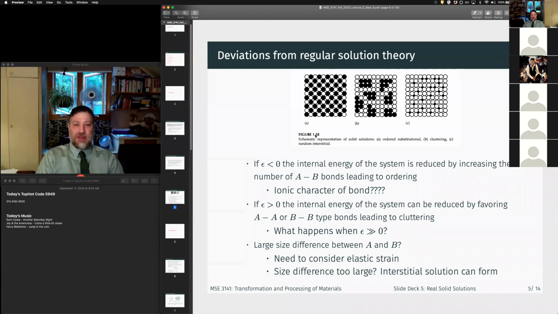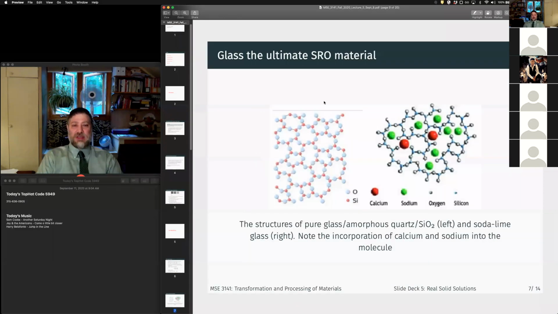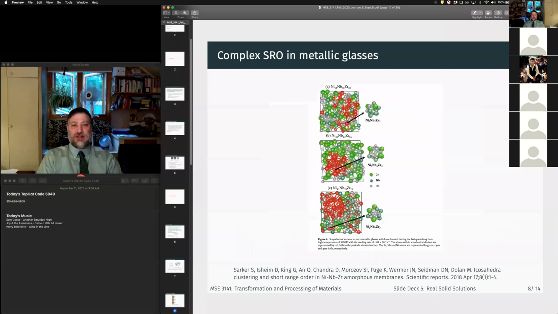And if there's a preference for like type bonds, we'll have a clustering and perhaps a miscibility gap that forms. And if there's a big size differential, that leads to elastic strain or perhaps even interstitial type solutions, depending on how different the size is. So we talked a little bit about short range ordering and glasses and metallic glasses.